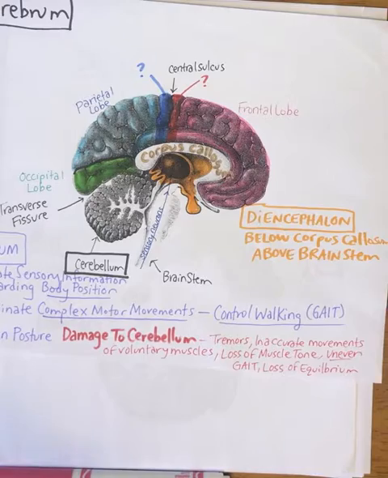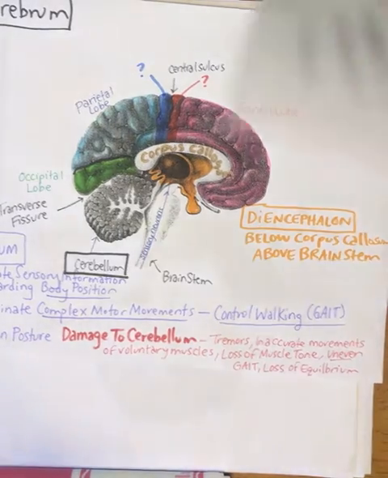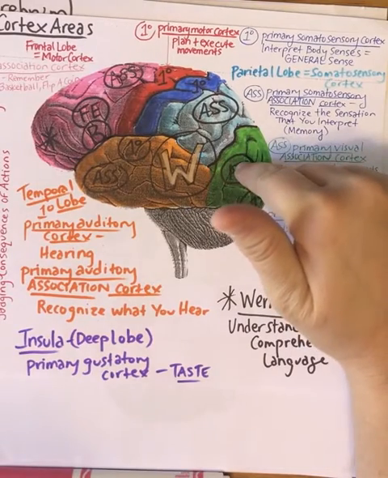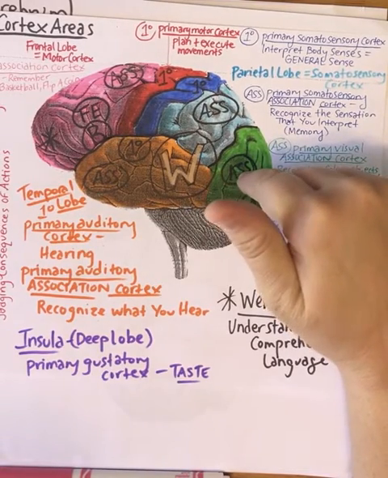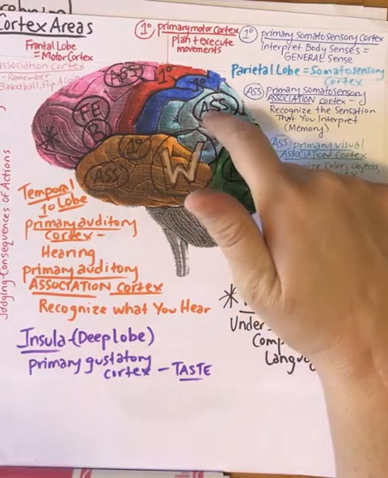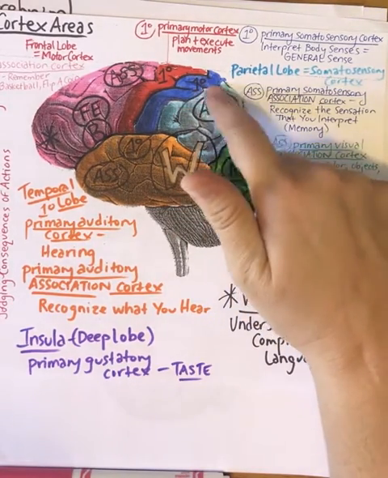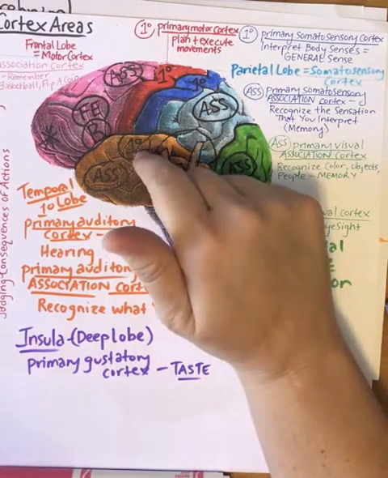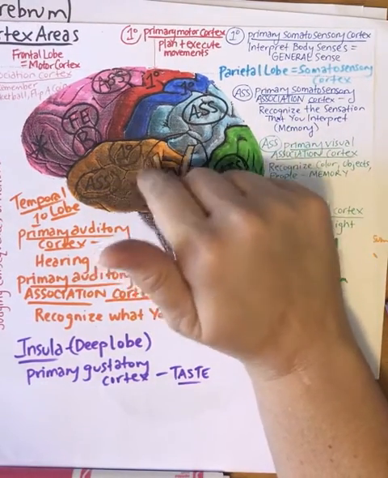Now, since all of our cerebral cortex areas have different sensations, if the sensation is vision, the thalamus is going to send it to the occipital lobe. If you're touching something hot, it'll send it to the parietal lobe because that is general senses. If it's involved with hearing, it's going to send it to the temporal lobe.